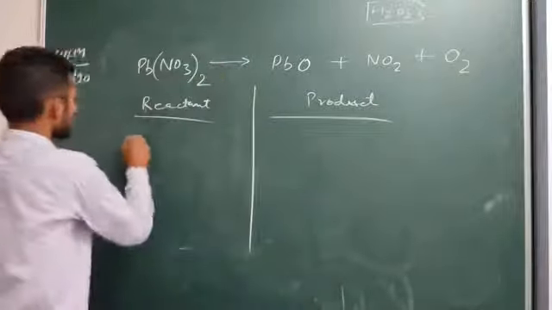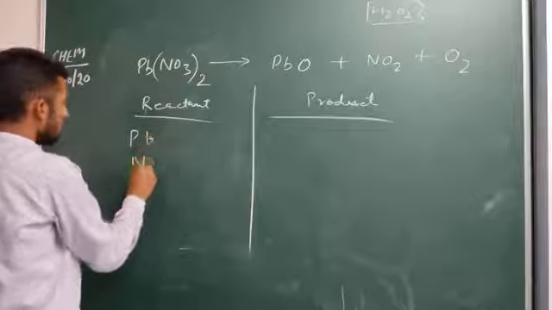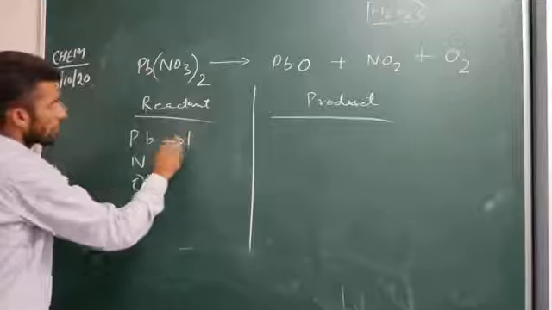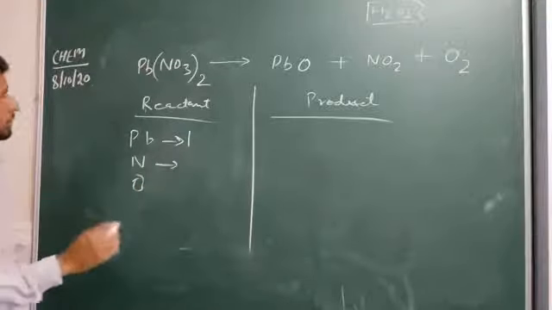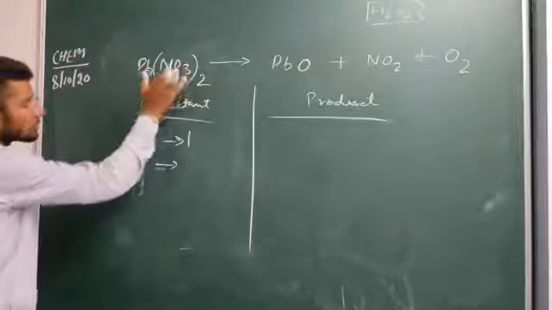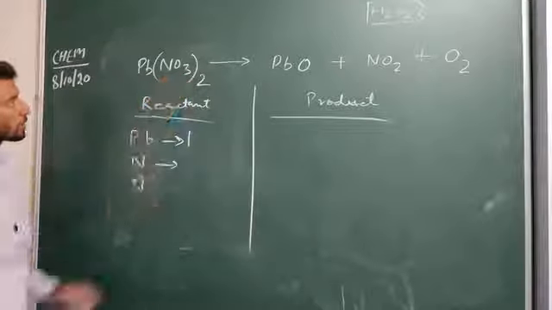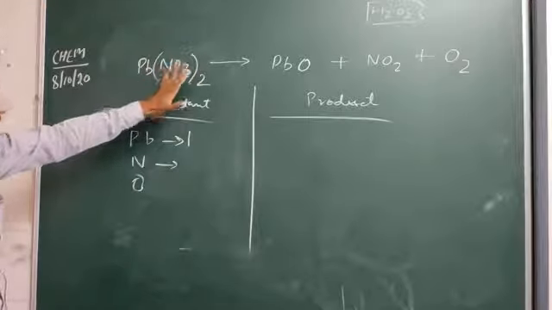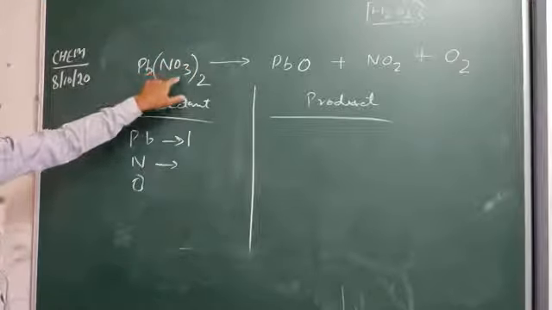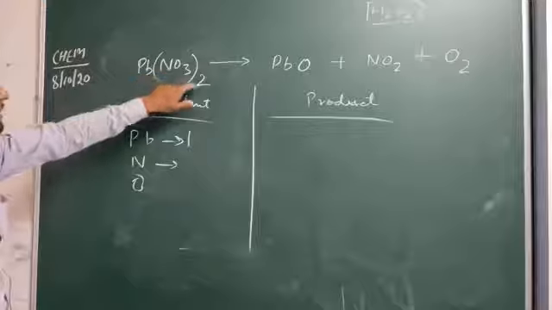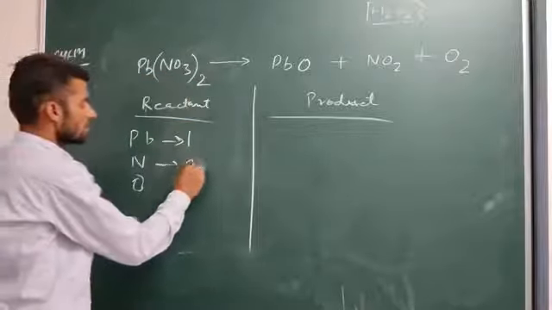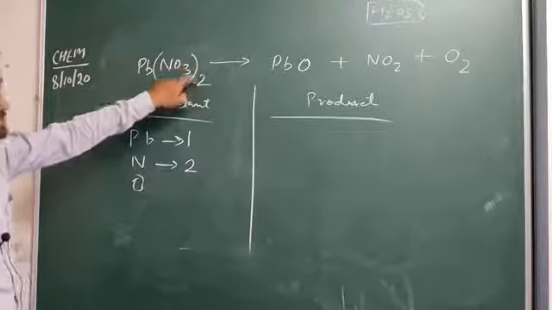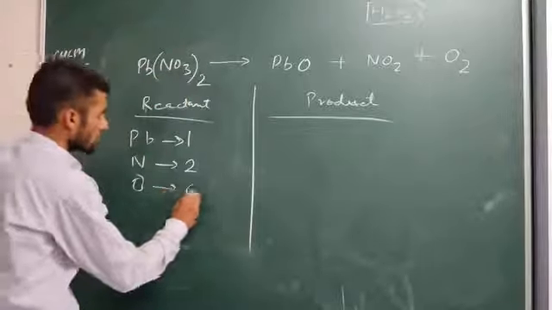How should we balance? First of all, write down the number of atoms of each type. Lead, only one. Nitrogen: see here, this NO3 is enclosed within the bracket, and outside the bracket 2 is written, so 2 is multiplied by all the atoms inside the bracket. So N into 2 is 2, and O3 into 2 is 6, so oxygen is 6.